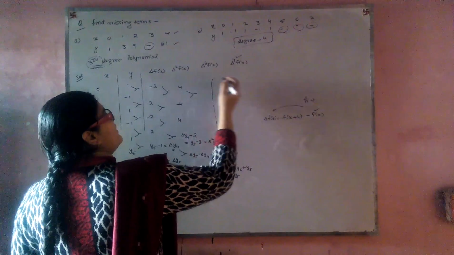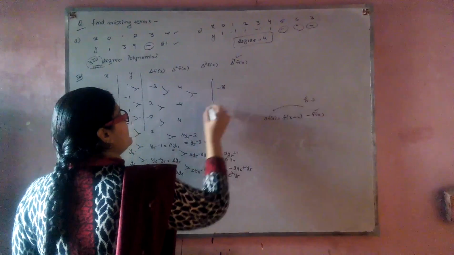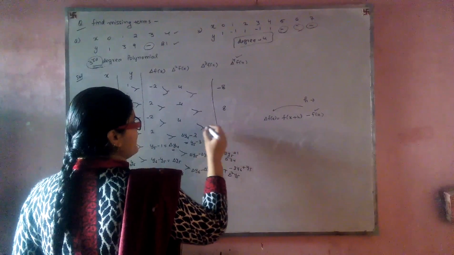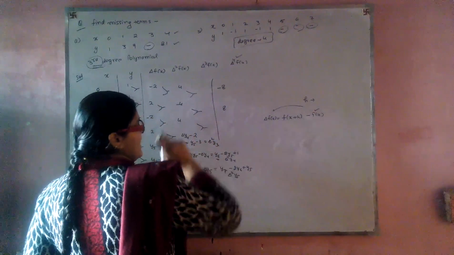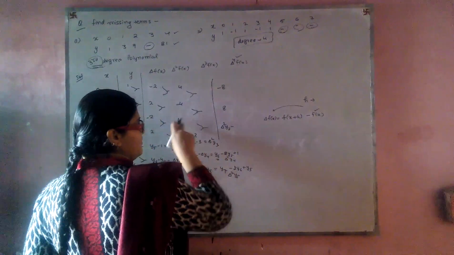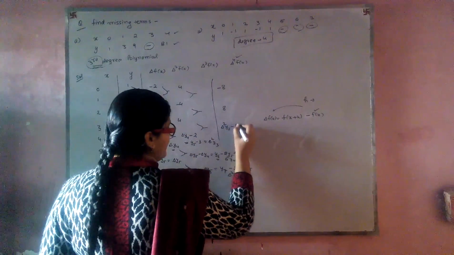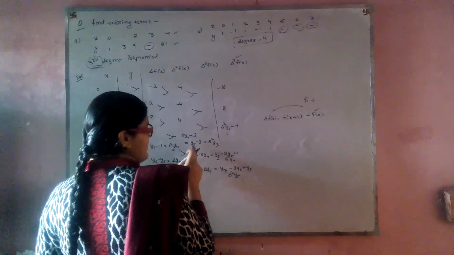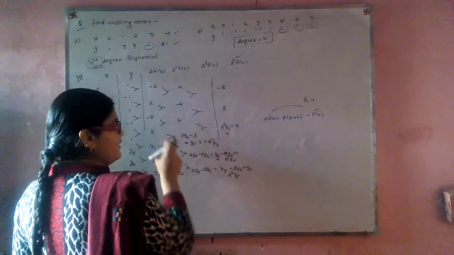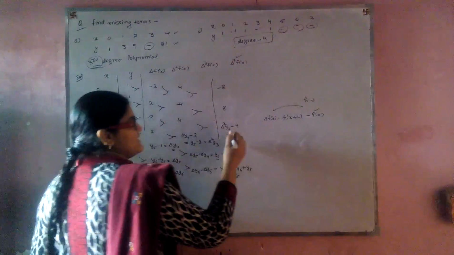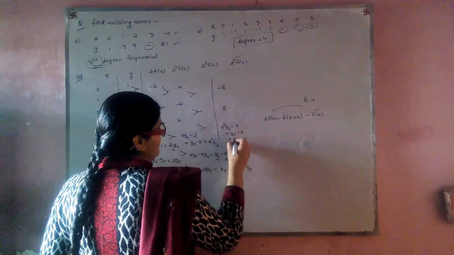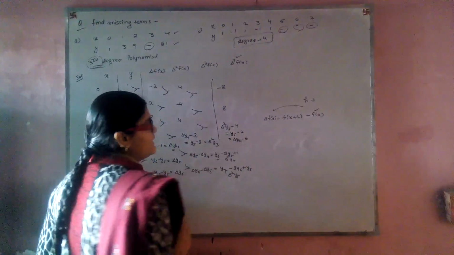Then minus 4 becomes minus 8, 4 and 4 becomes 8. This becomes delta 2 y3 minus 4, or it can be written as y5 minus 7, or delta y4 minus 6.